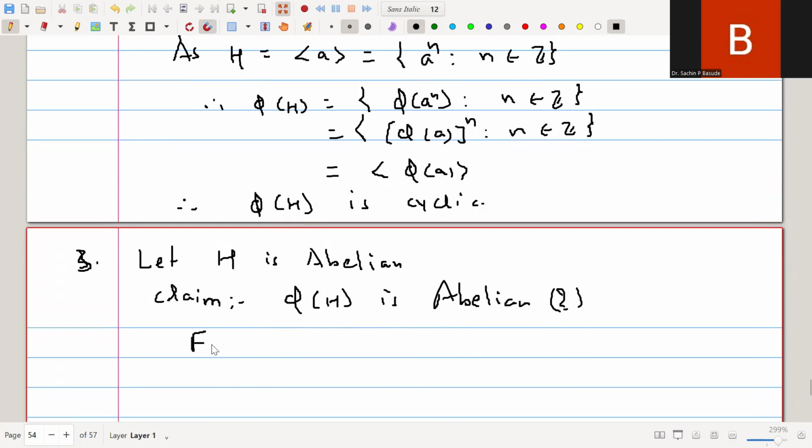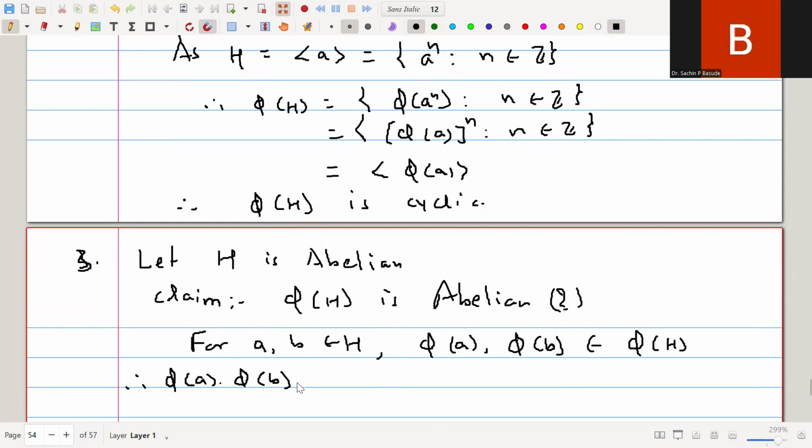So for a, b belonging to H, phi of a, phi of b belong to phi of H. Therefore, phi of a into phi of b equals phi of ab, since phi is a homomorphism.